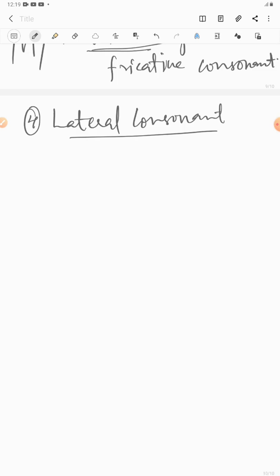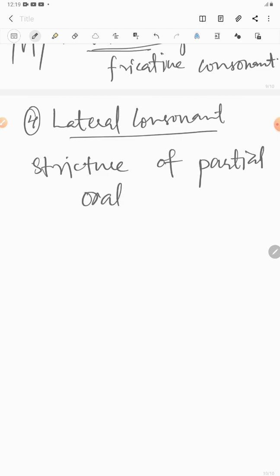A lateral consonant is articulated with a stricture of, what kind of stricture is involved? It is a stricture of partial oral closure. So in lateral consonants, it's a stricture of partial oral closure.